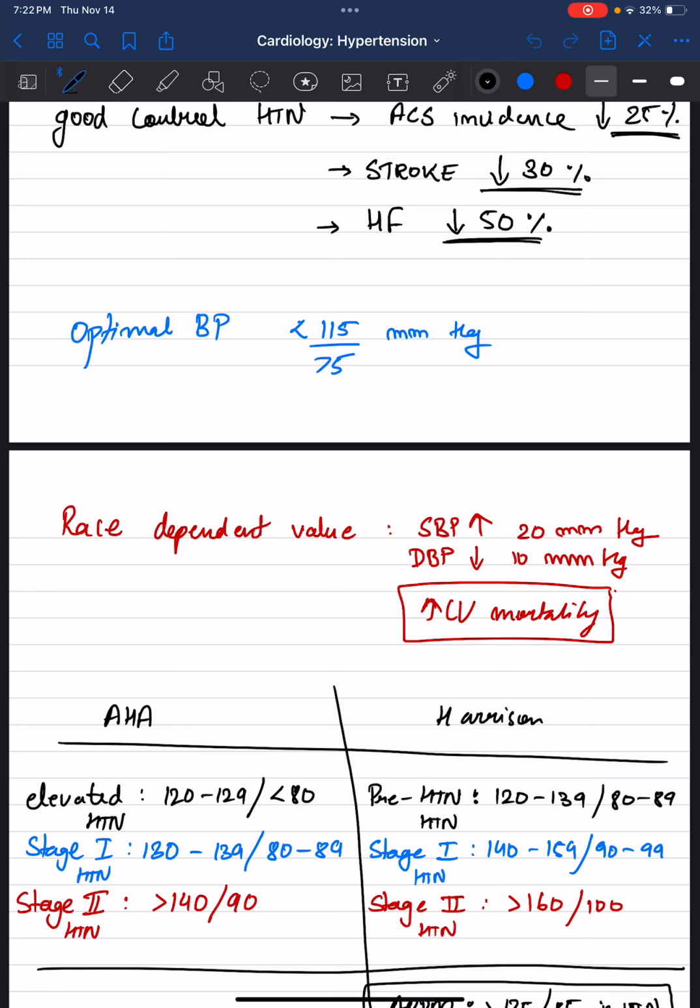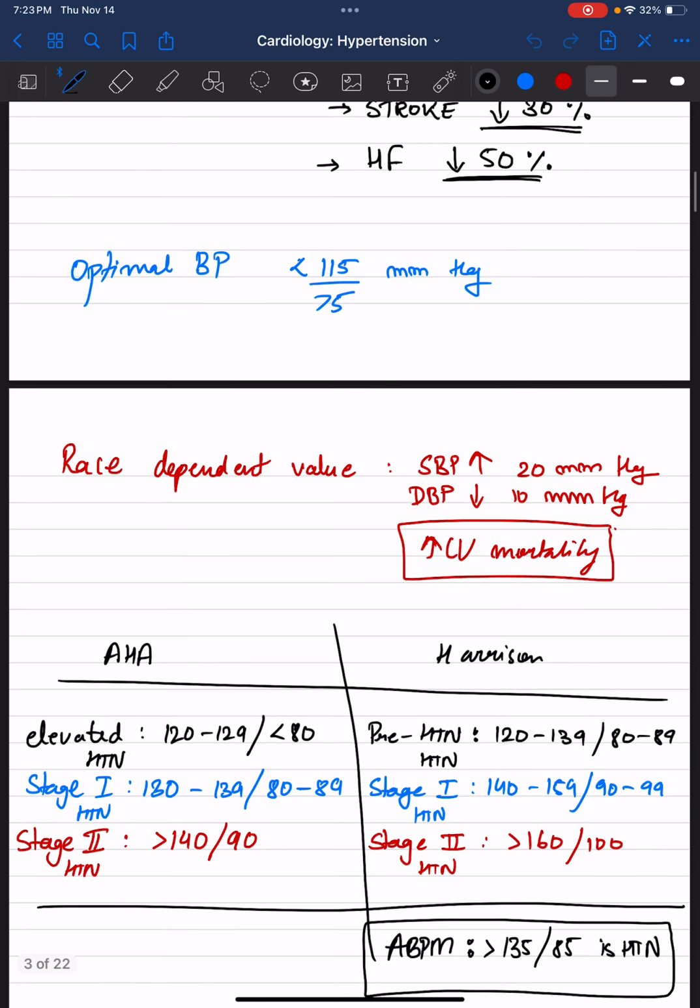For the race dependent value, if the systolic blood pressure is more than 20 millimeters of mercury, or the diastolic blood pressure is less than 10 millimeters of mercury compared to the race dependent value, the cardiovascular mortality of the patient will drastically increase.